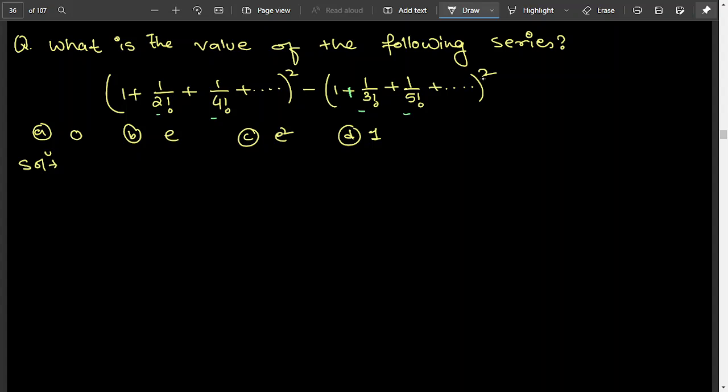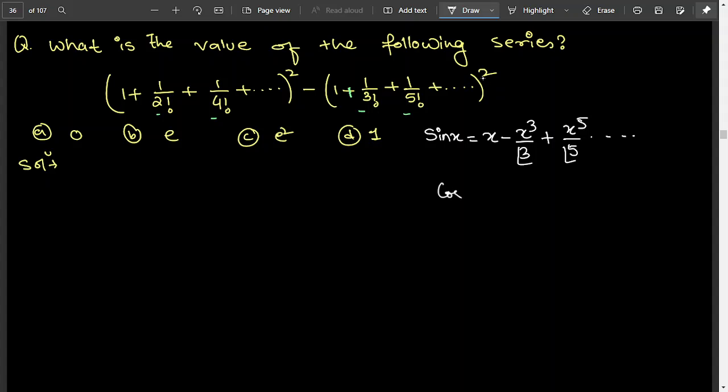So before starting this question, I'll just let you know some of the expansion of basic functions like expansion of sin x will be x minus x cube upon 3 factorial plus x5 upon 5 factorial and so on.